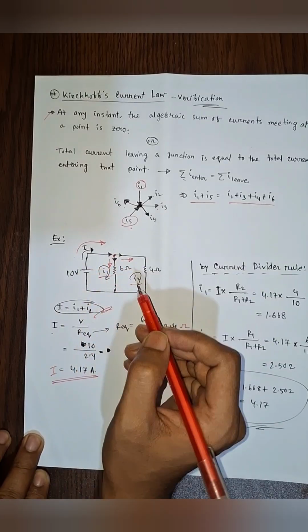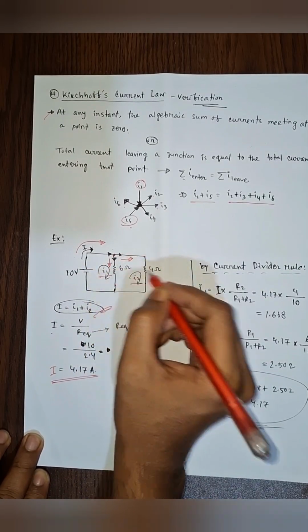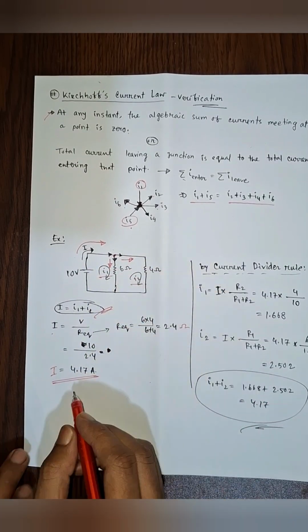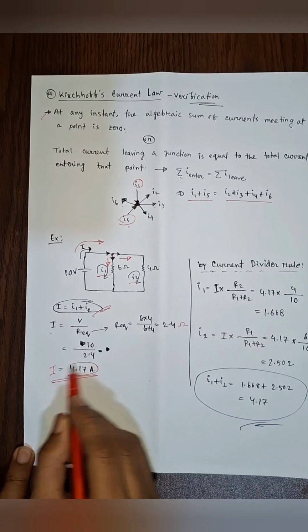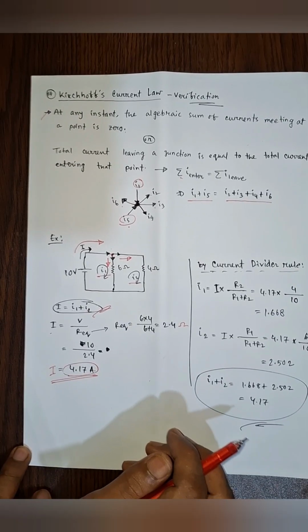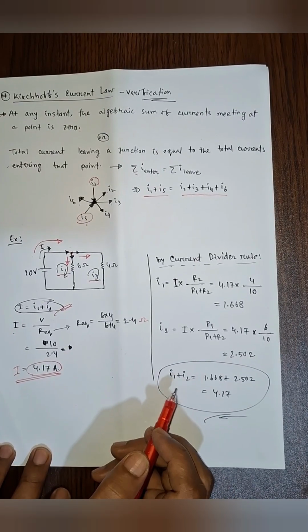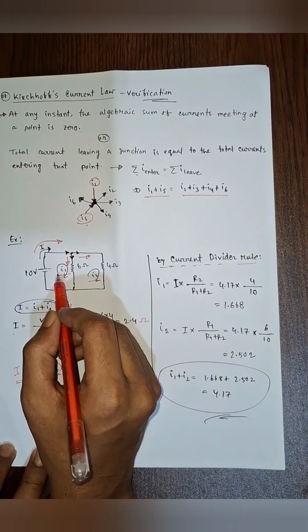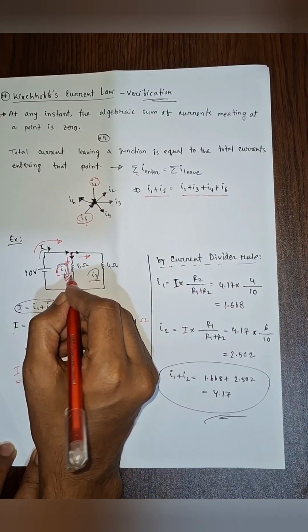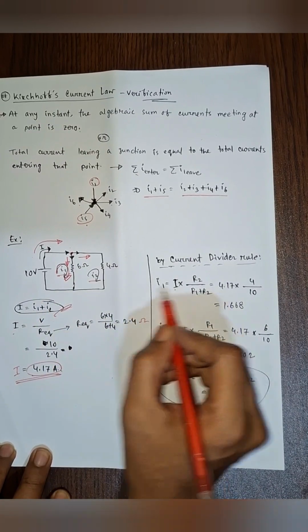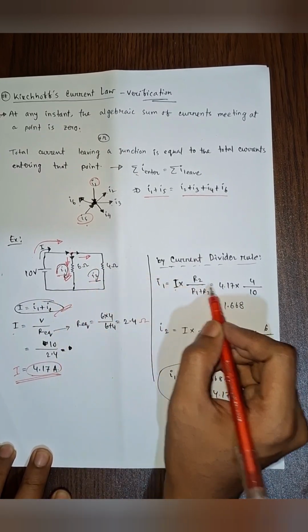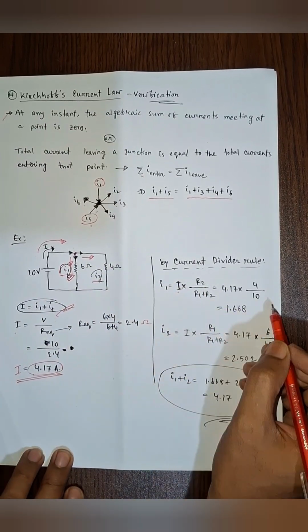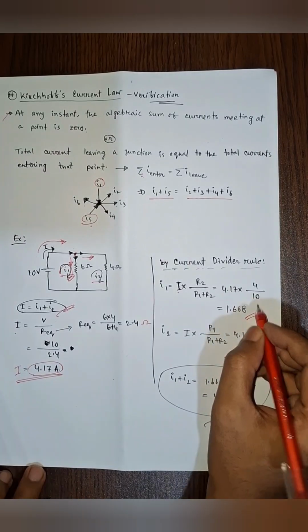So total current is 4.17 ampere, and we will see the individual currents flowing across these resistors. By applying the current divider rule, I1 equals total current times the opposite resistor, R2, divided by R1 plus R2, and we get 1.668 ampere.